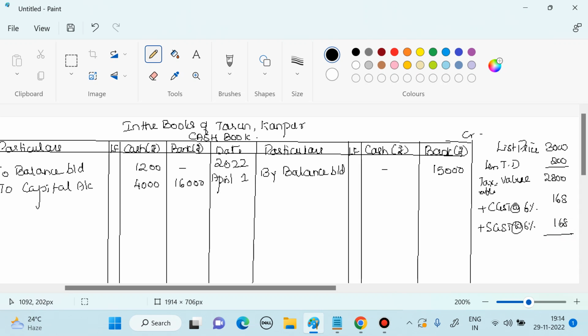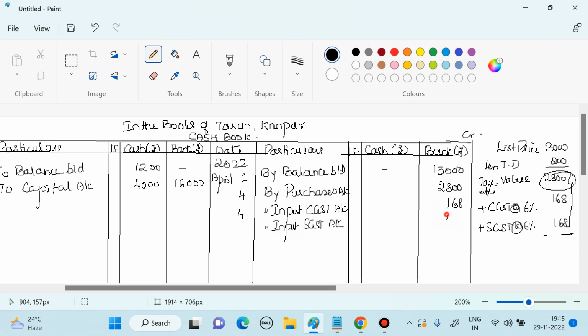But here we are recording the payment part. They have said the amount was paid by check, so the amount would come in the bank column. So we are going to write on the credit side, April 4th, by purchases, bank column 2,800, and the GST which is paid would be written on the same date as by input CGST account 168 and by input SGST account 168.